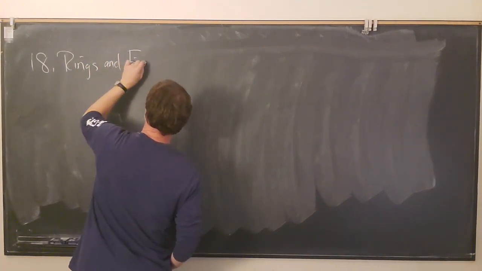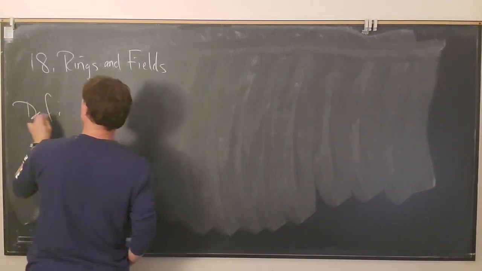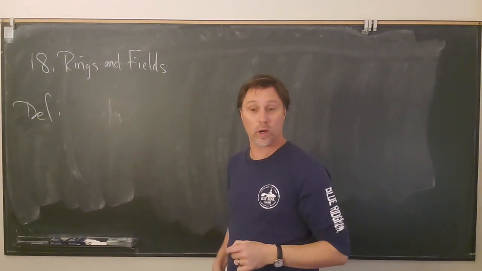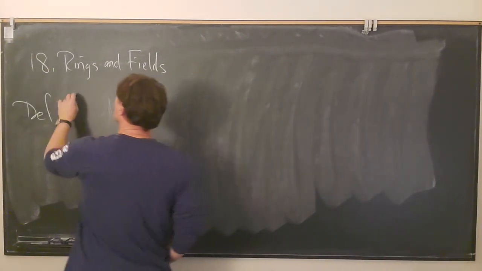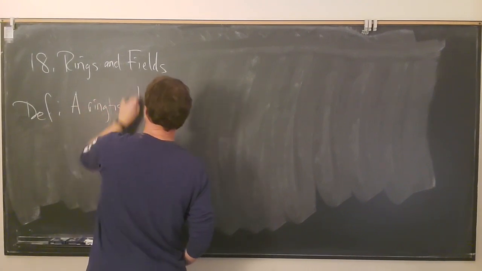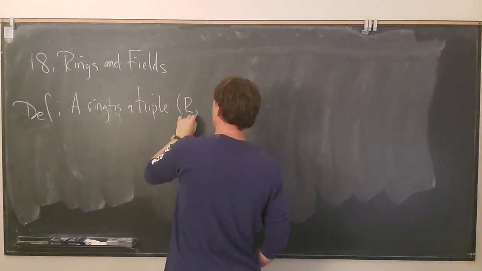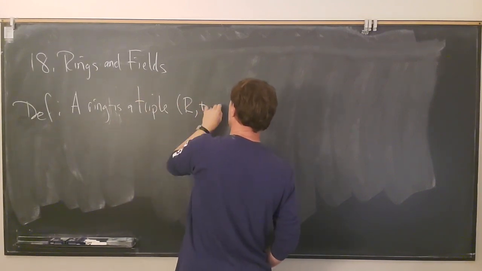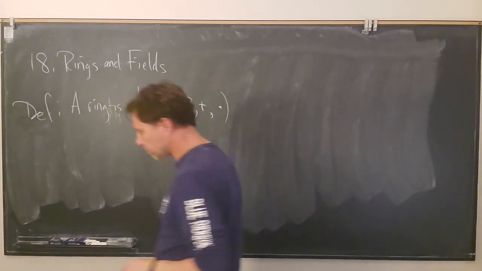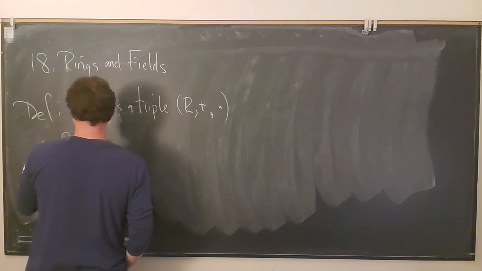This chapter is called Rings and Fields. We're going to start off with the definition, which is going to be the primary object of study in this quarter. It's called a ring. So a ring is a triple, which I'll write as R, comma, plus, comma, dot, where R is just a set.